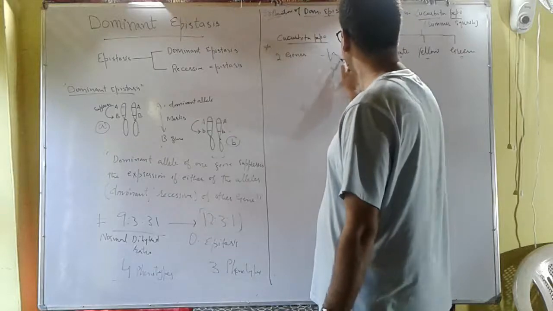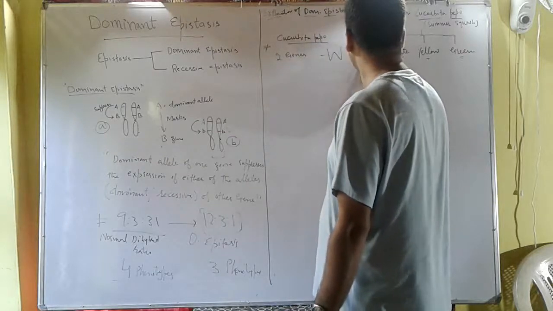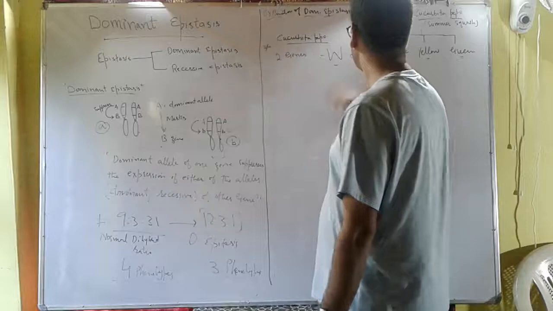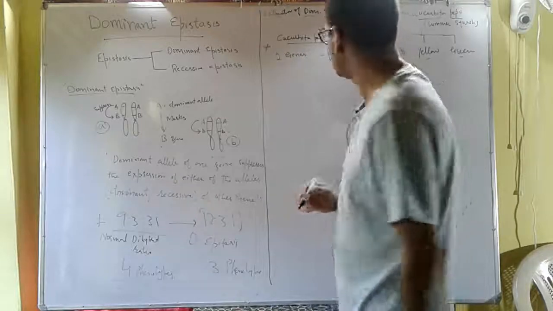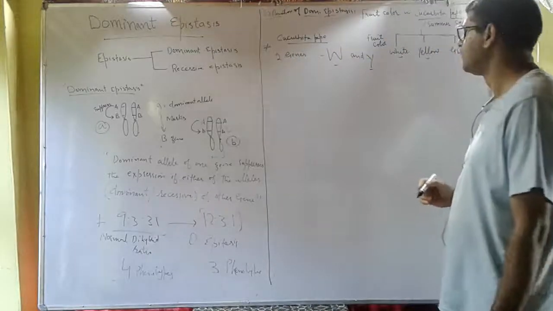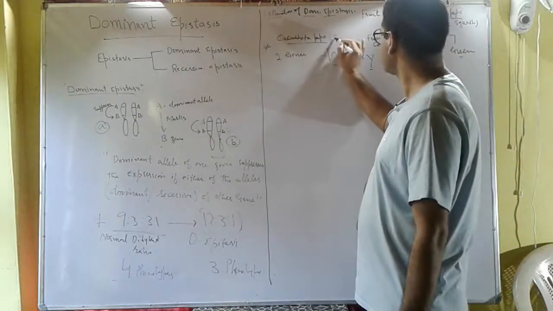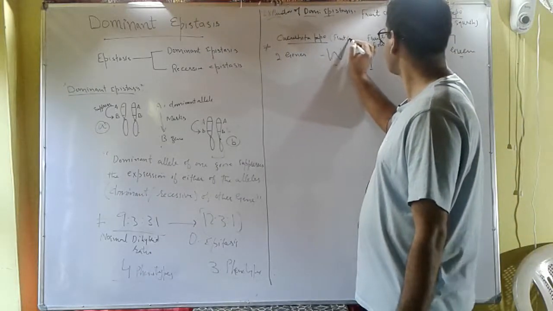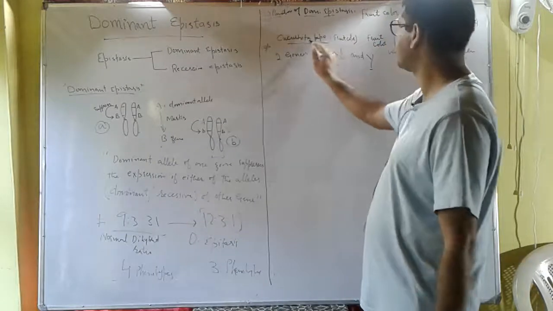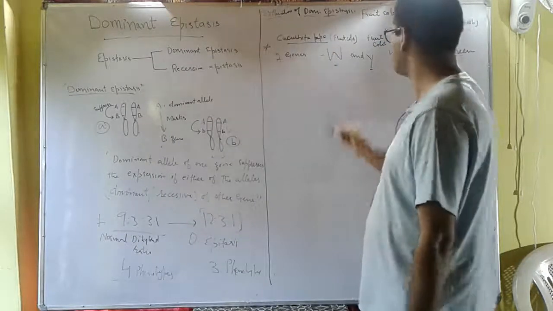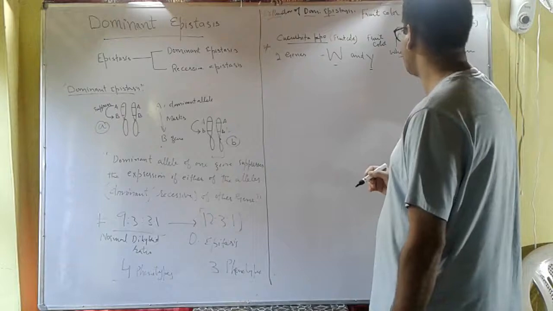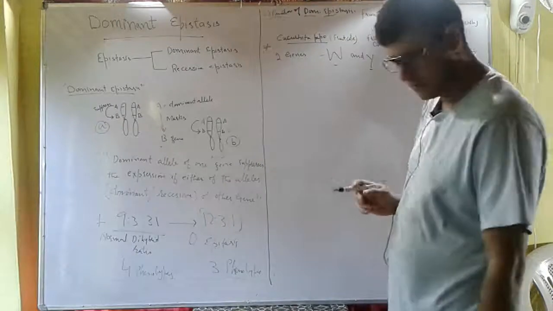The fruit color in Cucurbita pepo is governed by 2 genes. One is W and another is Y.